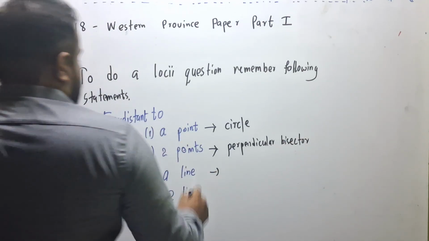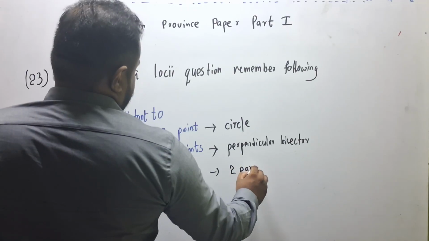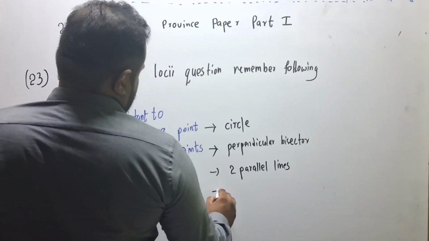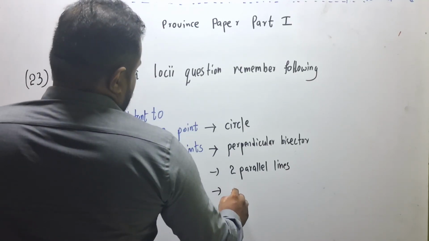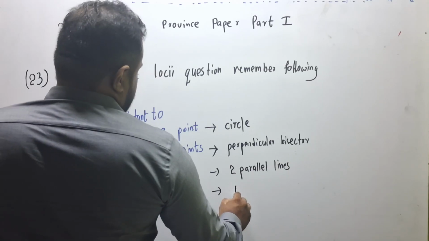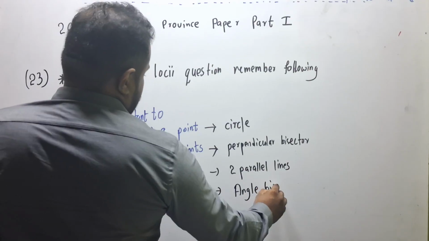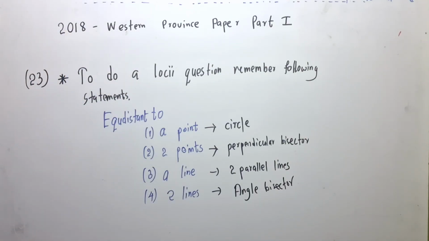If equidistant to a line is given, what we have to draw is 2 parallel lines. If equidistant to 2 lines is given, what you have to draw is an angle bisector. Okay, those are the constructions we have to do.